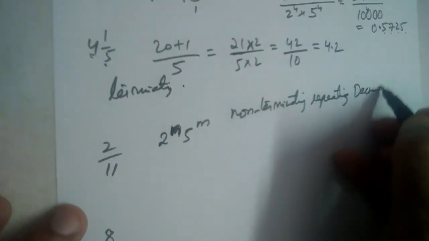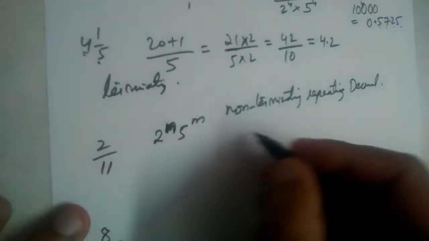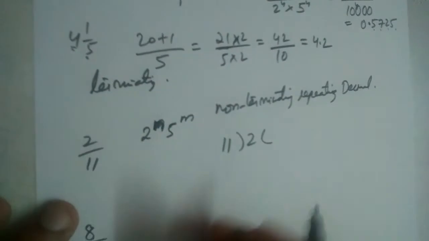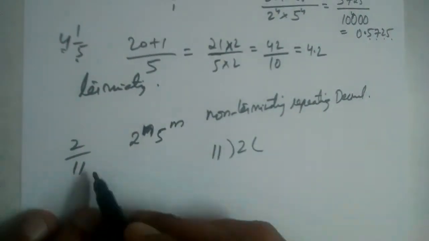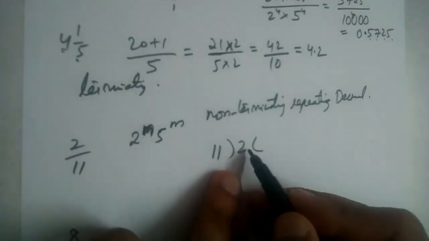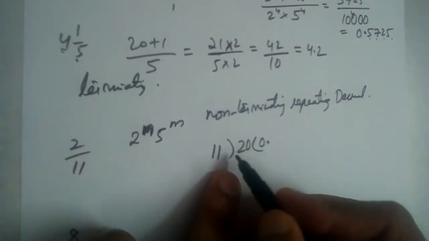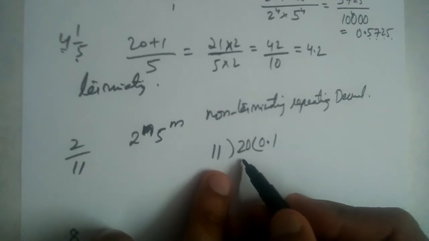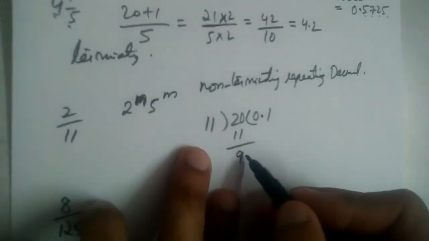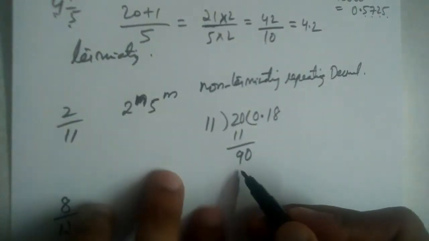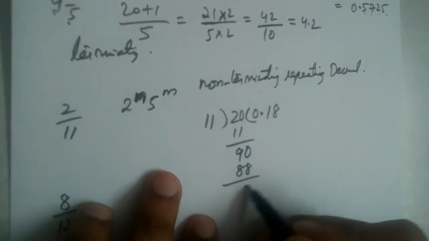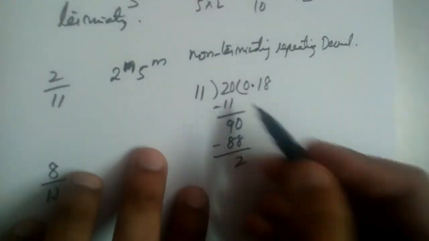It is a non-terminating repeating decimal. Okay, so let us divide 2 by 11, actual division. Now 11 will not go into 2, isn't it? So we need to write 0 here and this will become 0.1 here in the quotient. So 11 ones is 11, so 9 here and again 0, 8s are 88, so 2 we are subtracting, right?